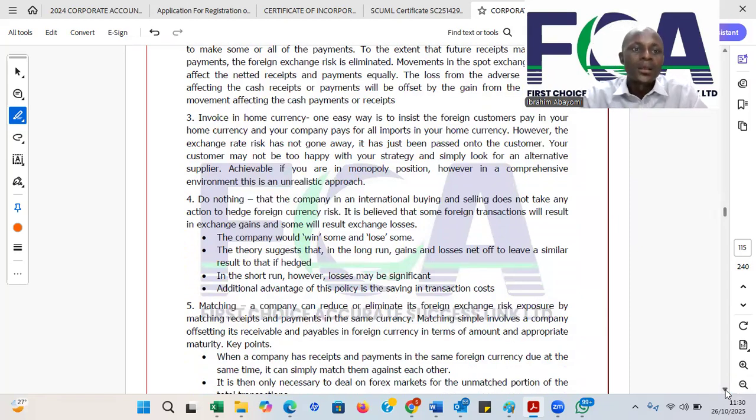Then we have matching. Now, matching, you can match receipts against payments. And this is used mostly by multinational companies. Multinational companies with subsidiaries across the globe.